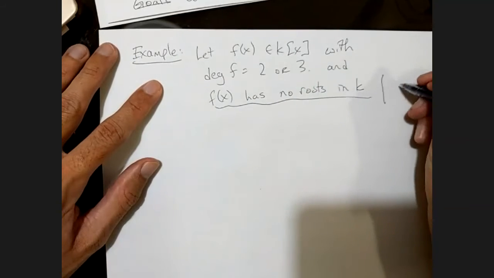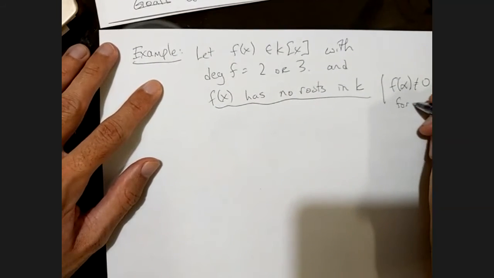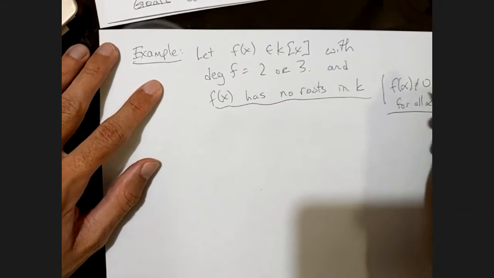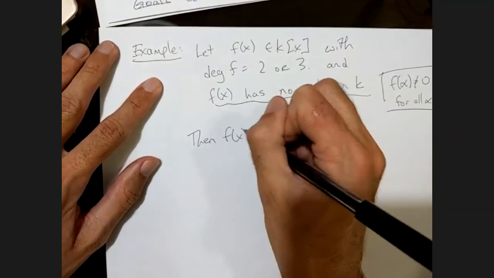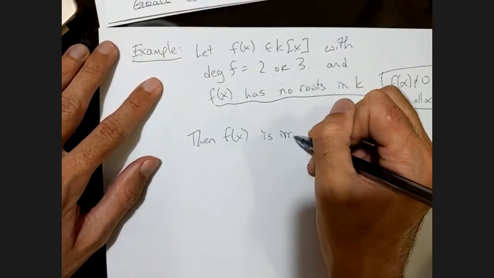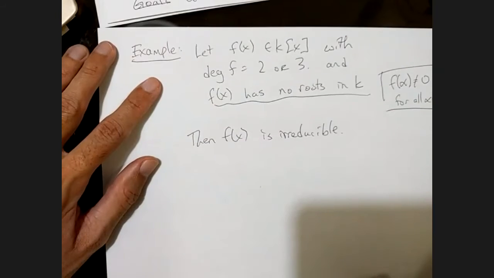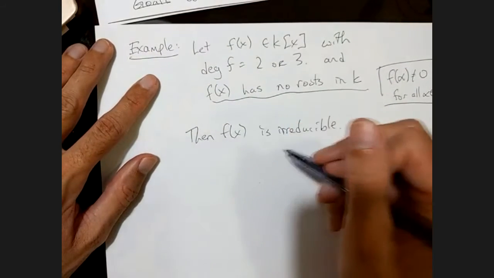It just means that f of alpha is not equal to 0 for all alpha in k. Then f of x is irreducible. The proof is to write f as g times h.